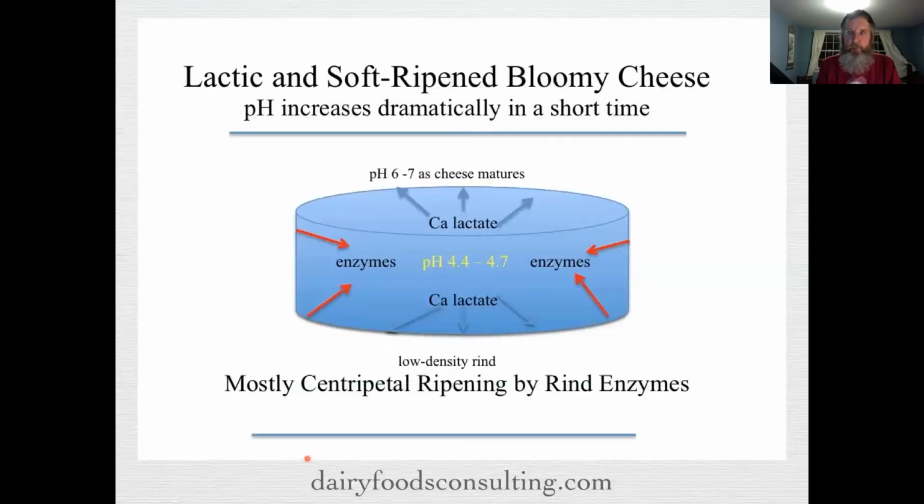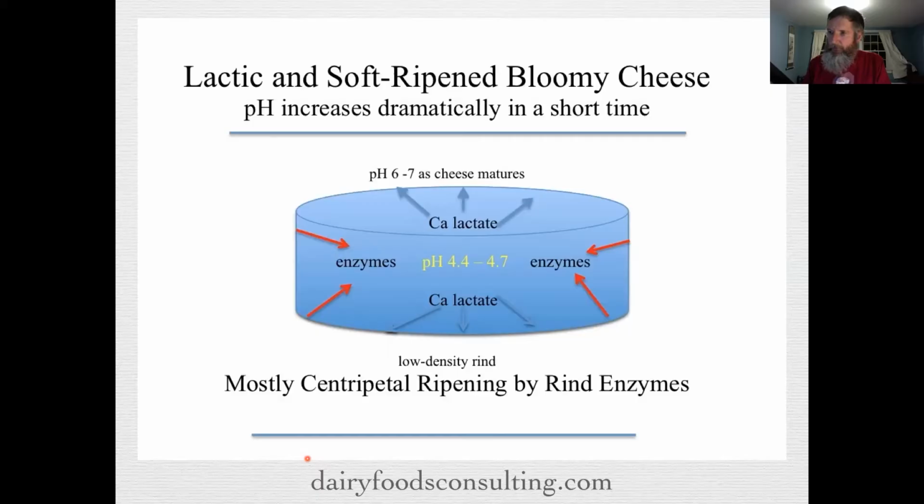If we want to take a look at the difference between bloomy rind cheese that is made traditionally and washed rind cheese that is made traditionally, it really comes down to different processes of making the cheeses. In the case of bloomy rind cheese, the tradition was always to make them somewhat lactic in character or highly lactic in character.